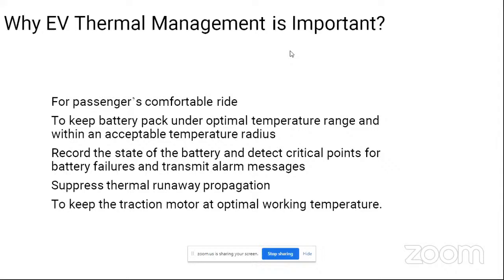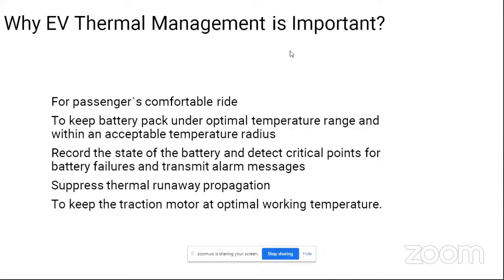Fourth one is to suppress thermal runaway propagation. You all must have heard about this. Initially, when a few electric vehicles were launched worldwide, they started catching fire in case of intense heat. That was because of thermal runaway. I will explain thermal runaway in the next slide.